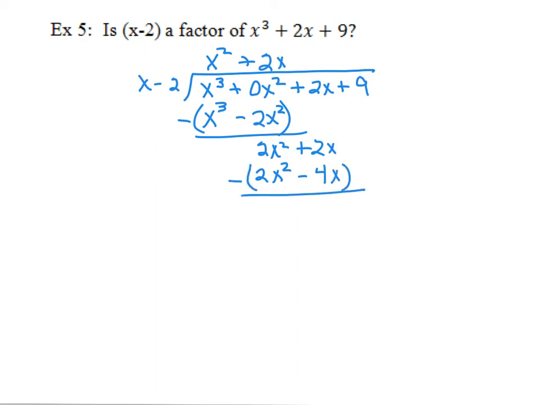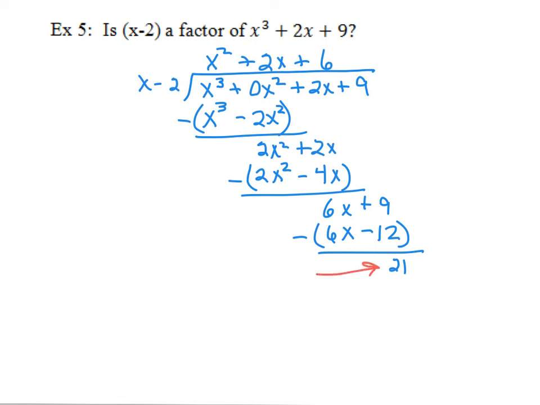Subtract again. 2x minus negative 4x is 6x. Bring down the plus 9. So 6x divided by x is 6. 6 times x. 6 times negative 2. Subtracting, I see that I have a 21 left over as my remainder.